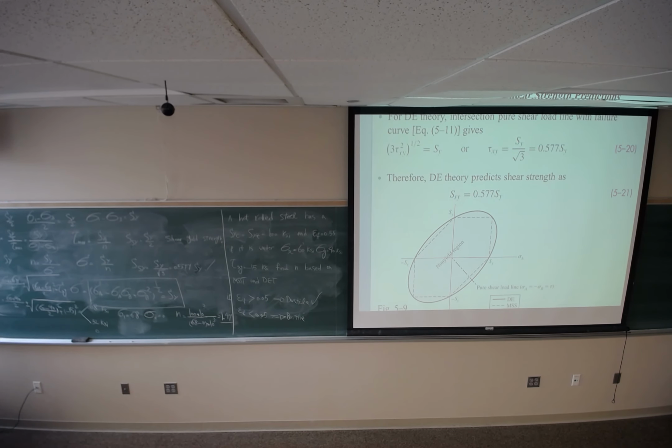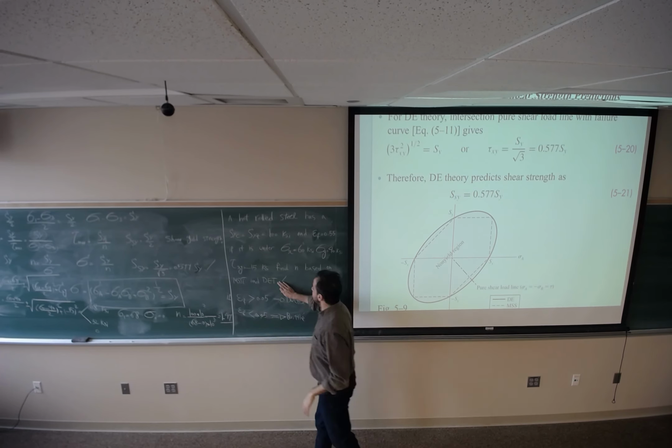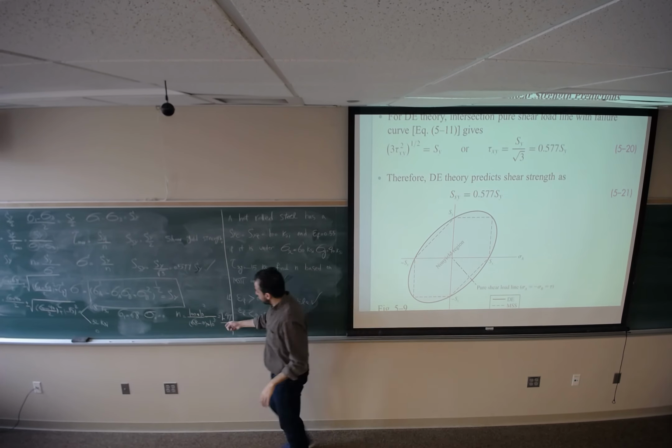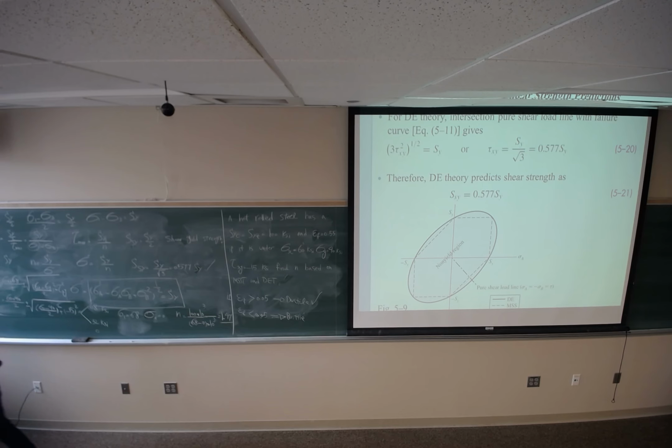So before I calculate the factor of safety for distortion energy theory, do you think I'm going to get a number greater than 1.47 or smaller than 1.47? Small?